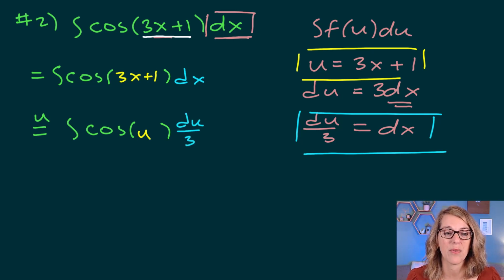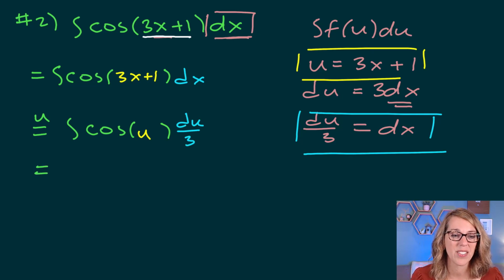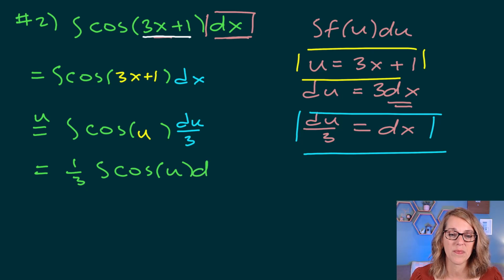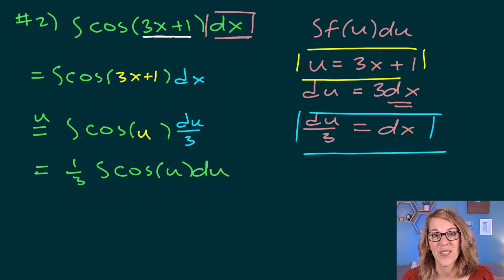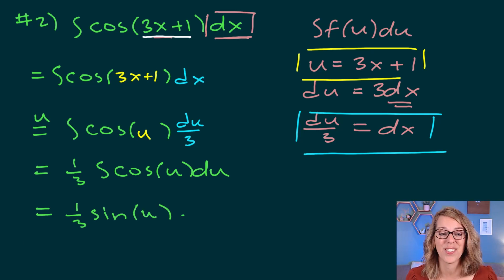du divided by 3. I can pull that divided by 3 outside of my integral as a 1/3. So I'm going to write this as 1/3 integral of cosine u du. What a nice integral, right? I know that the integral of cosine is sine, so I can go ahead and take the integral. So this is 1/3 sine of u. Again, this is an indefinite integral, so I want to remember to add that plus c.